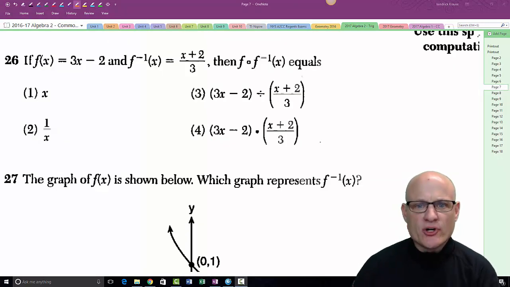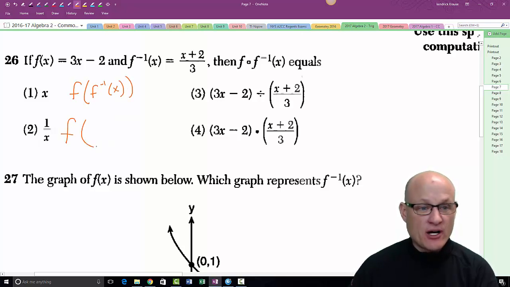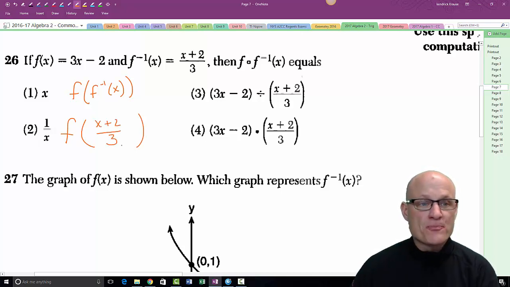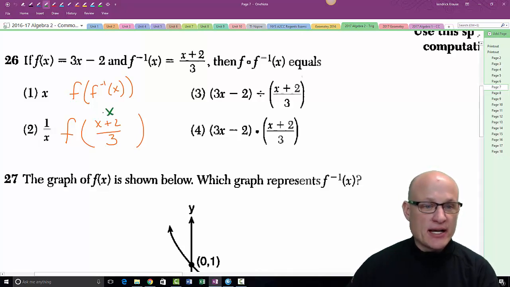Alrighty, kids. So, haven't seen this one in a while. So here's what we got. We got f of f inverse of x. Another way to think about that is f of, well, what is f inverse? x plus 2 over 3. So this is really like my big X here. That's what's going to go in for x here.